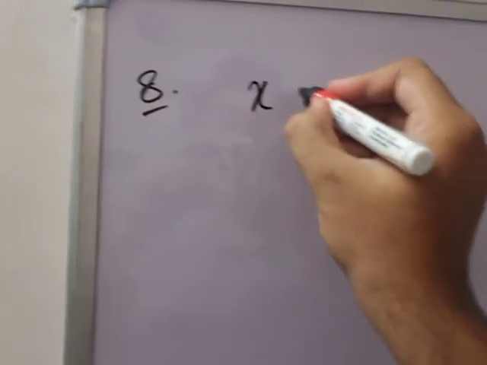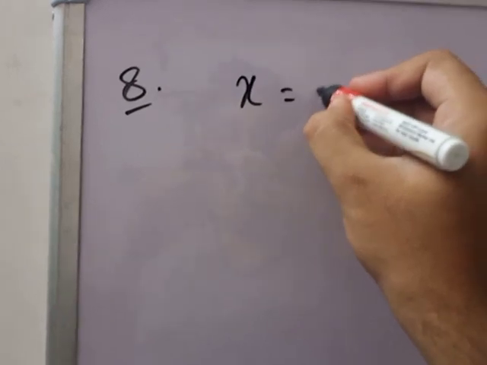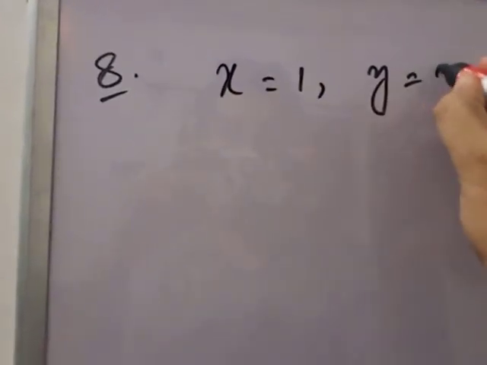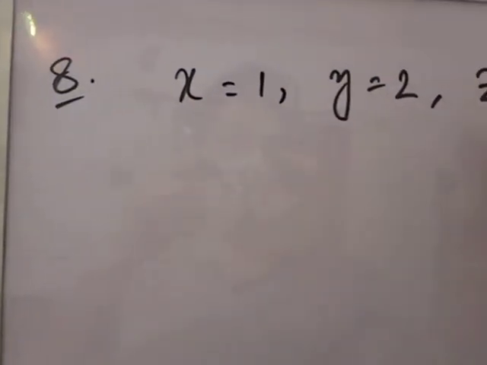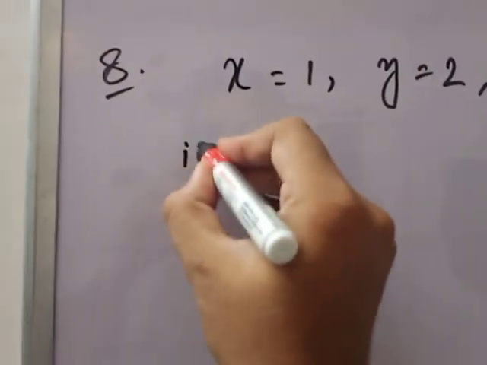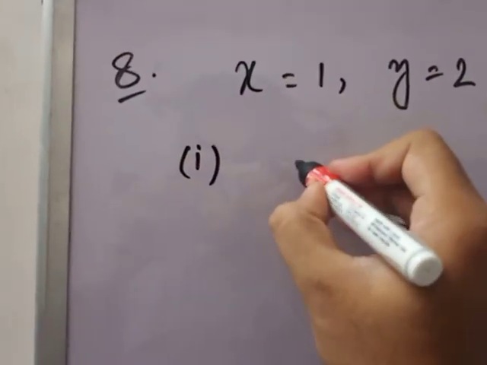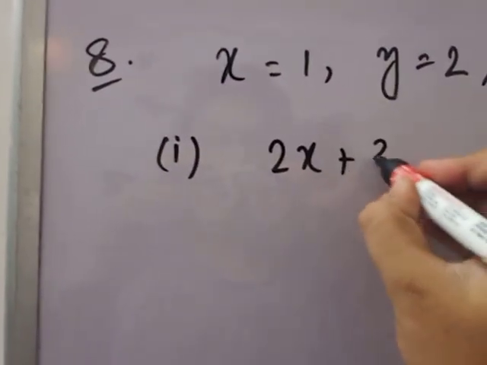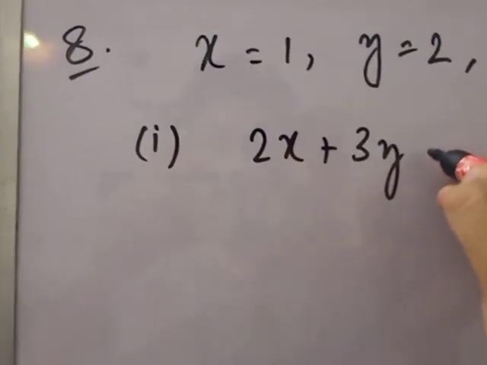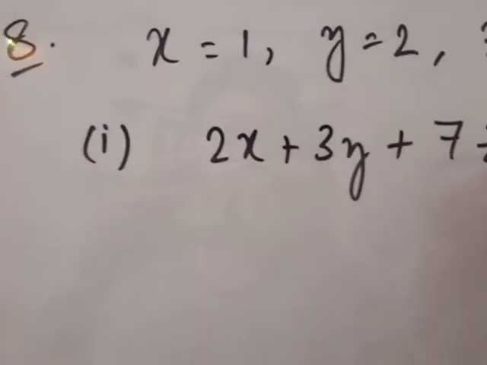Now in number 8, 3 variables are there, x, y, z. So x equals 1, y equals 2, and z equals 3 are given. Now the expression is 2x plus 3y plus 7z.